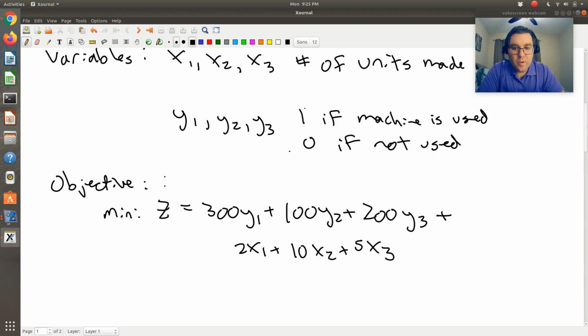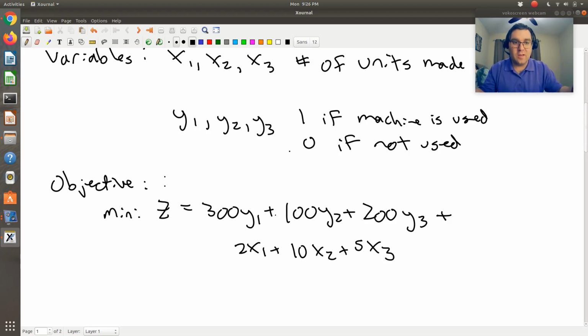Now, before we move on, you might be looking at this and saying, maybe I'd like to take these quantities and multiply by y, because if I'm not using a machine, I multiply by 0, and then I take that contribution out of my objective function. But we're not going to do that, because that could still allow the possibility of x1 being non-zero.